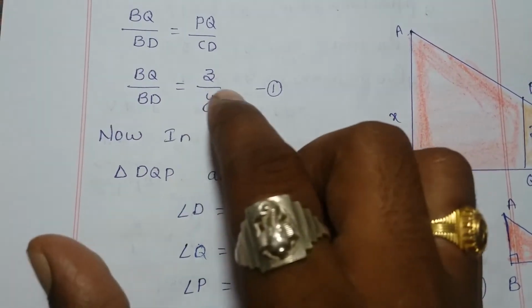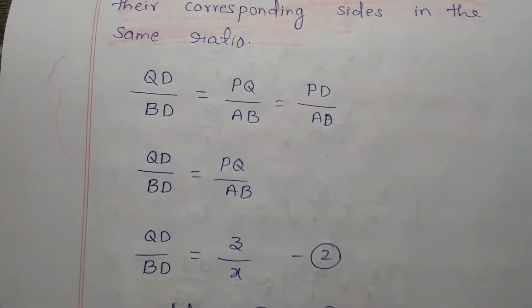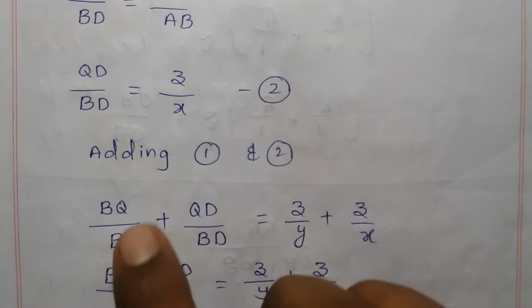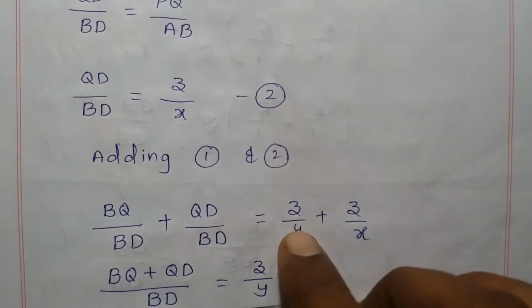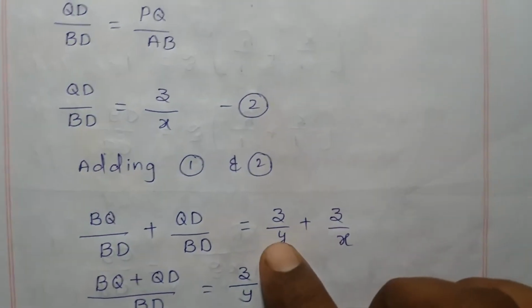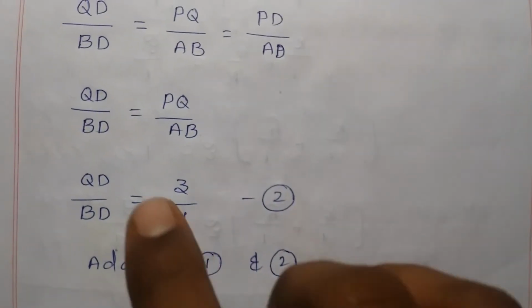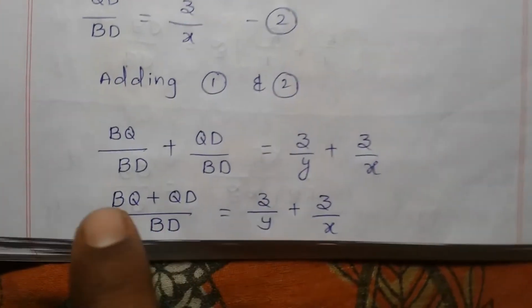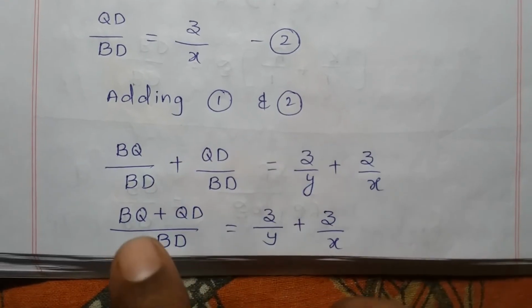We are adding the first equation with the second equation. So BQ by BD plus QD by BD equal to Z by Y plus Z by X. Both having the same denominator, so directly add numerators.